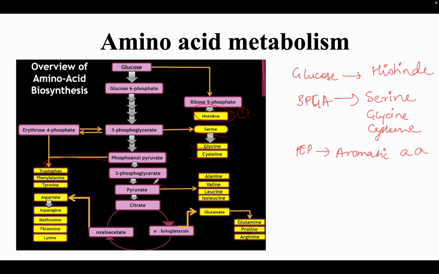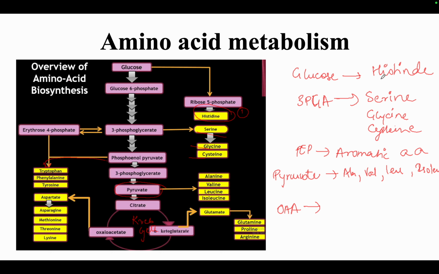And from pyruvate we have formation of a large number of amino acids: alanine, valine, leucine and isoleucine. Again from the Krebs cycle, we have oxaloacetate, which also is a precursor for these amino acids.